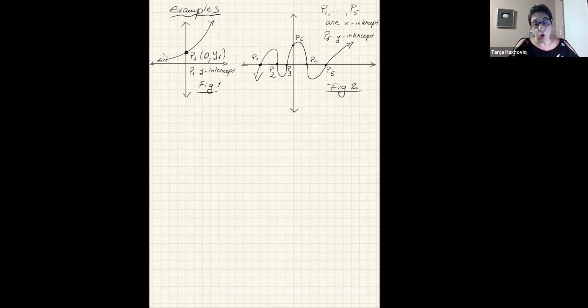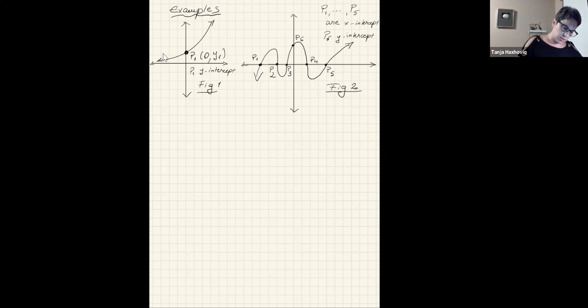All right, x-intercepts are points that lie on the x-axis. So the y-coordinate of any point on the x-axis is 0. The x-coordinate of any point on the y-axis is 0. So a point on the y-axis has a 0 x-coordinate, and a point on the x-axis has 0 as a y-coordinate.